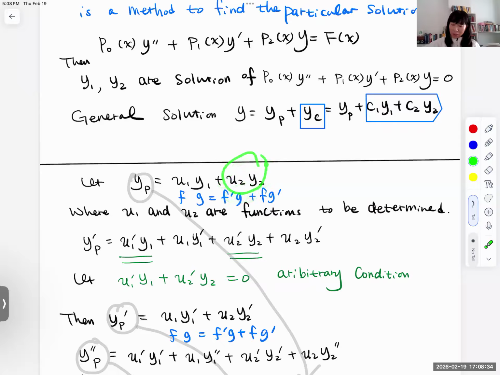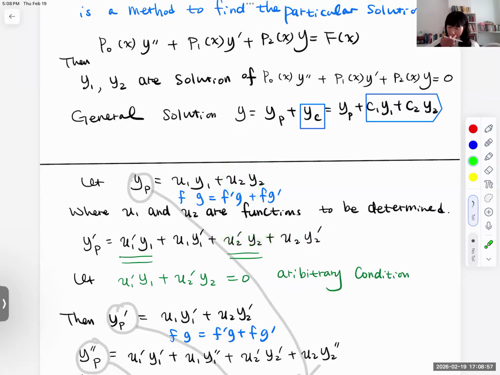Now for the second term we want to take the derivative as well. Same, using the product rule: f prime, which is u sub 2 prime, y sub 2, plus g prime, which is y sub 2 prime with u sub 2.